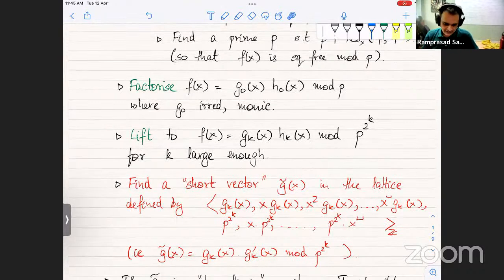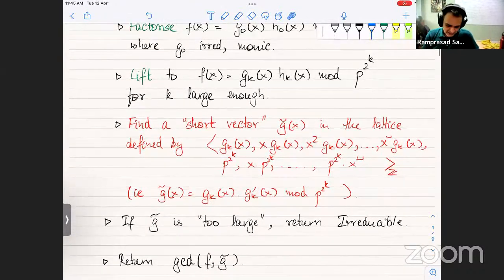And we said that if the g tilde we found, using whatever algorithm we are going to use today, was very bad, like its size was just too large and it looks nothing like a factor of f, then you already return irreducible. Otherwise, the GCD of f and g tilde will always be non-trivial and it will give you a factor.